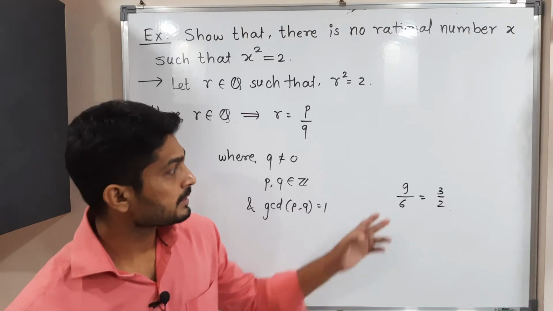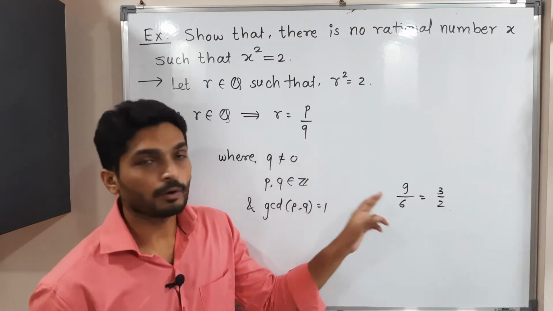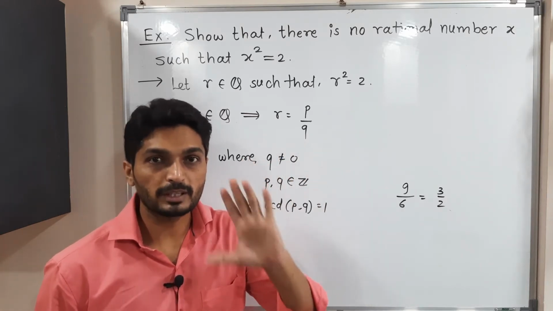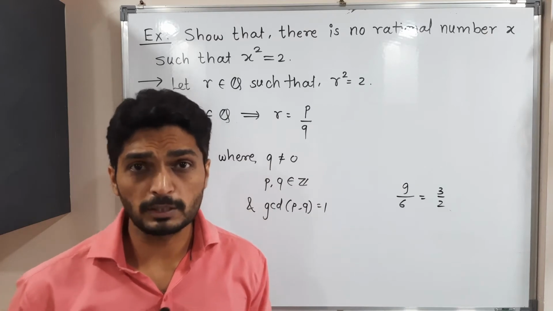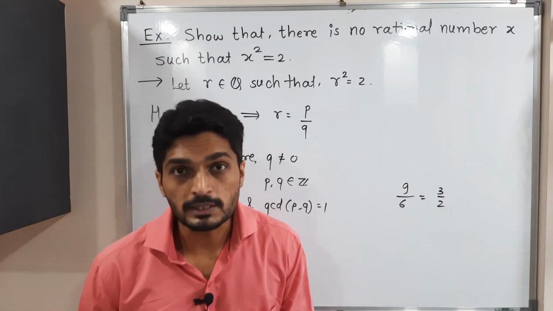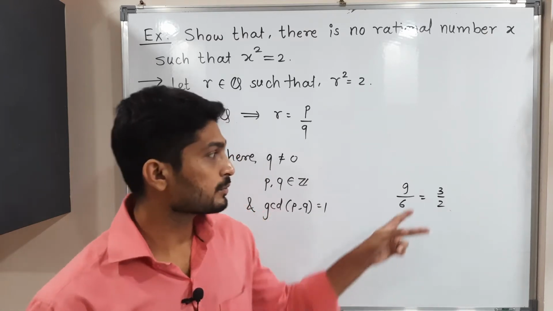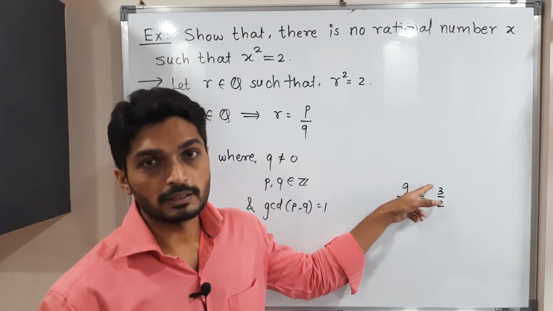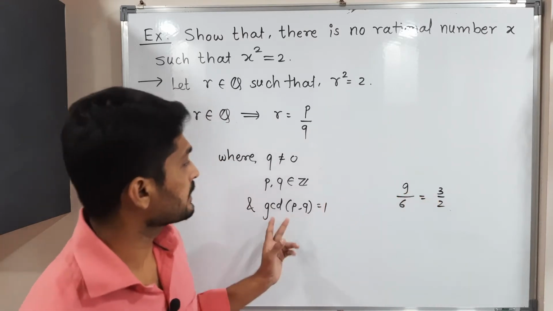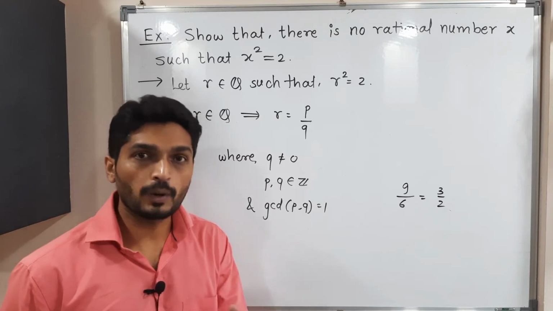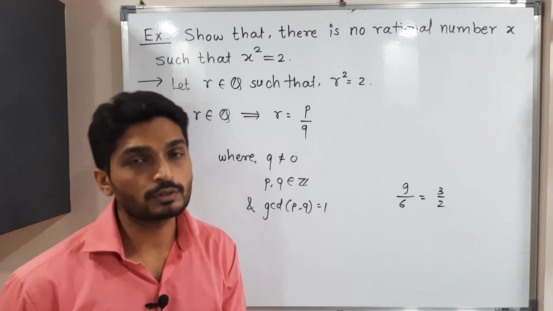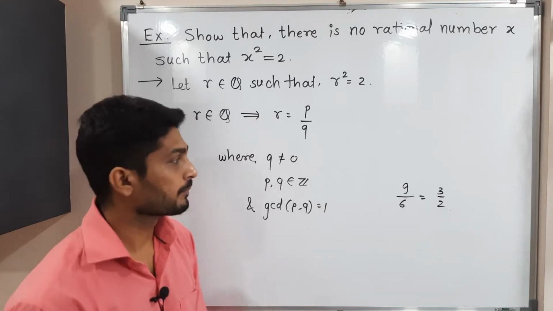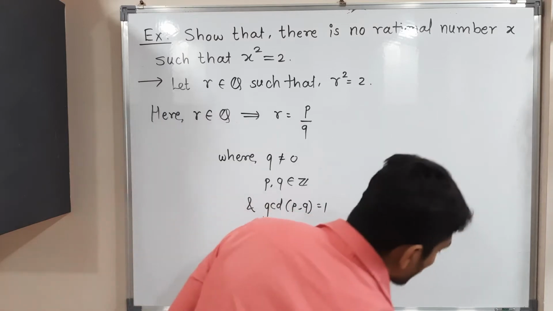So we have to divide numerator and denominator if it is possible, and try to express it in the simplest form. Now it is not further divisible, 3 and 2, getting now. So GCD of 3 and 2 is 1, the common divisor is 1, so we can write in that way. So this is the meaning of it.